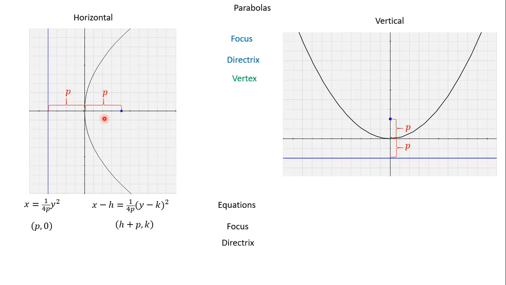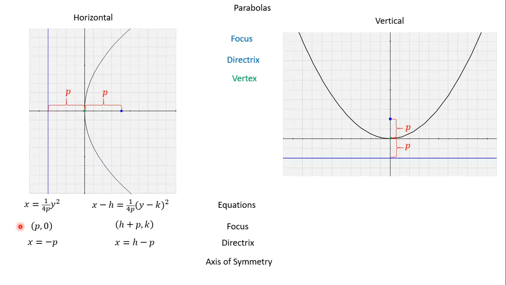The directrix is a line, so it'll be x equals or y equals. A vertical line, in this case, is x equals p units this way. Well, if we start at 0, 0, it's just x equals negative p. If we start at the point h comma k, we subtract p from the x, it's h minus p, just x equals h minus p.